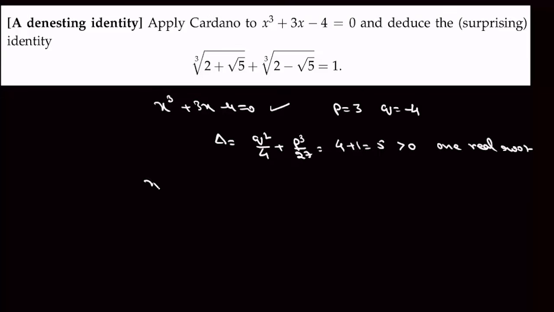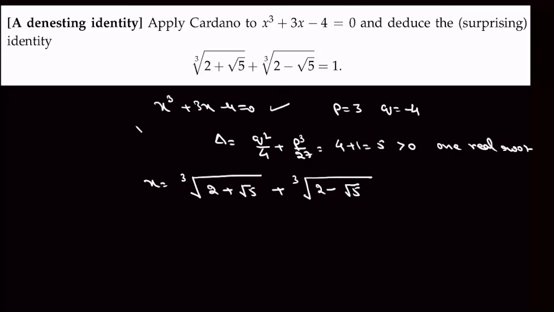And this real root will be the cube root of minus q by 2 plus under root delta, plus the cube root of minus q by 2 minus under root delta. Minus q by 2 is simply 2, so it is cube root of 2 plus under root 5 plus cube root of 2 minus under root 5.